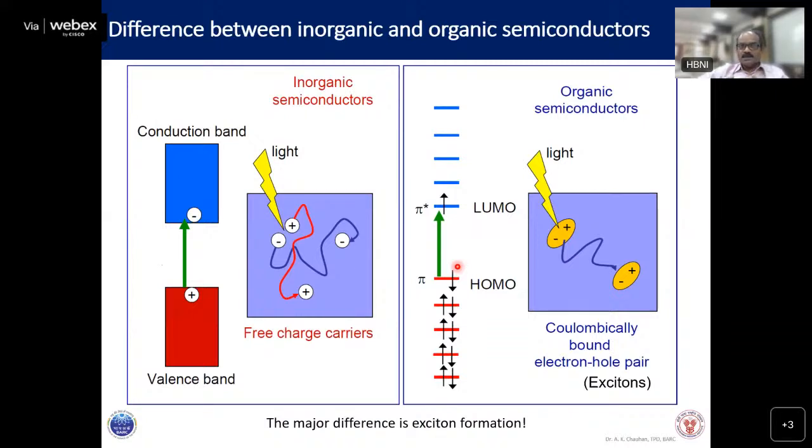As far as the difference between inorganic and organic semiconductors is concerned, in an inorganic semiconductor, when we talk about crystalline silicon, this is a single crystal. A long range order where every atom faces the same environment throughout the crystal. So there is a long range order, and as a result you have valence band and conduction band, as we saw in the initial classes.